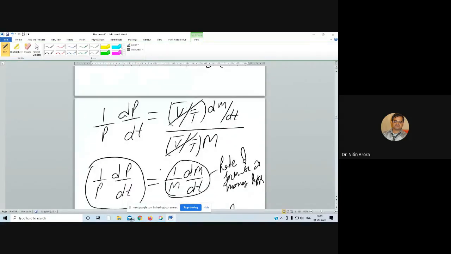Okay, in case you make output a variable and suppose you increase the money supply by 10% and you are also able to increase the level of output by 10%, then there will be no inflation at all as per this theory.